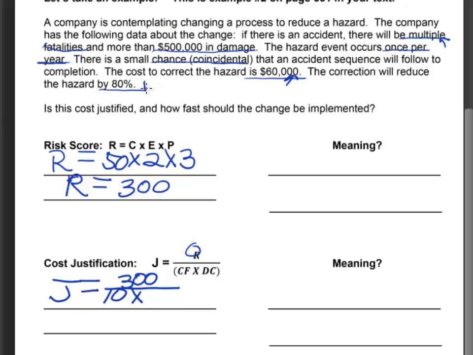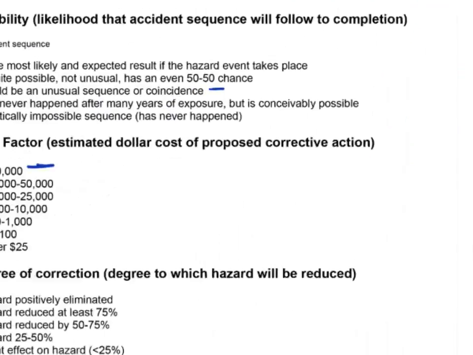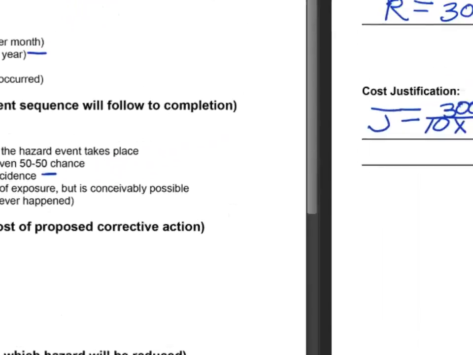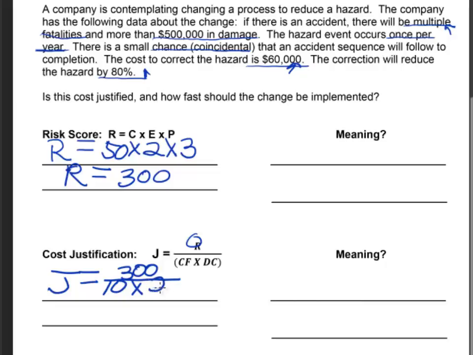Looks like 80%. So let's look down here. Hazard reduced by at least 75. So that value is 2. 10 times 2. All right, so if we calculate that out, J equals 15.